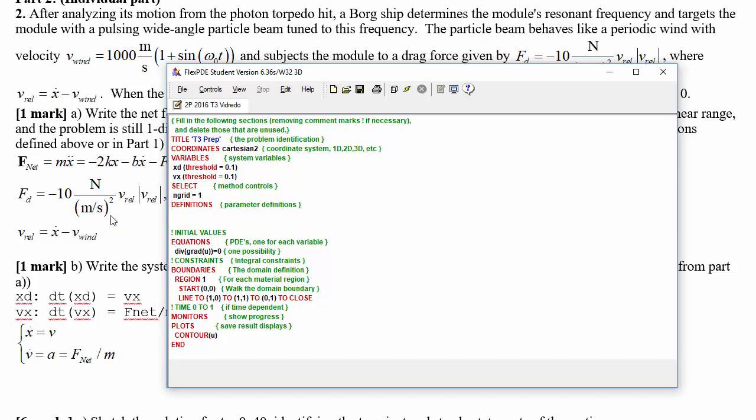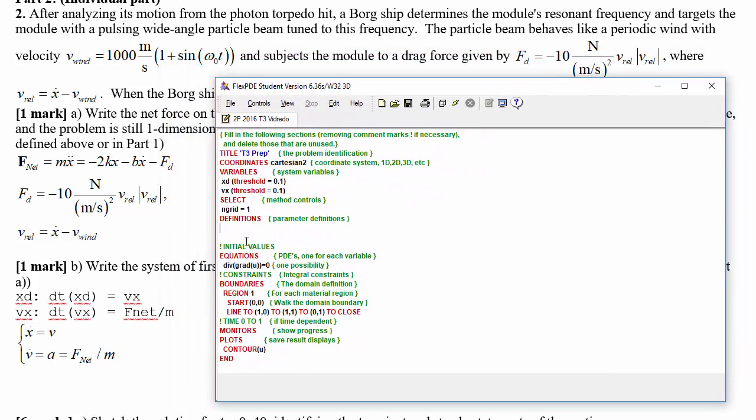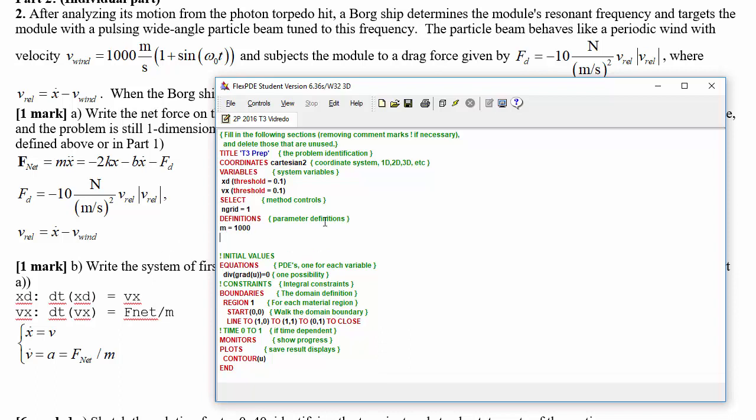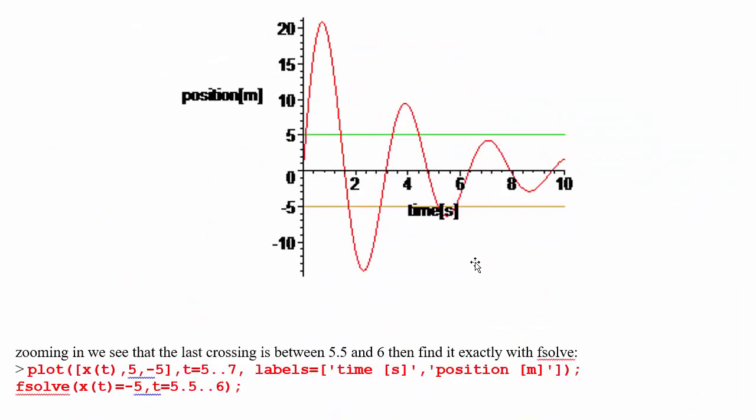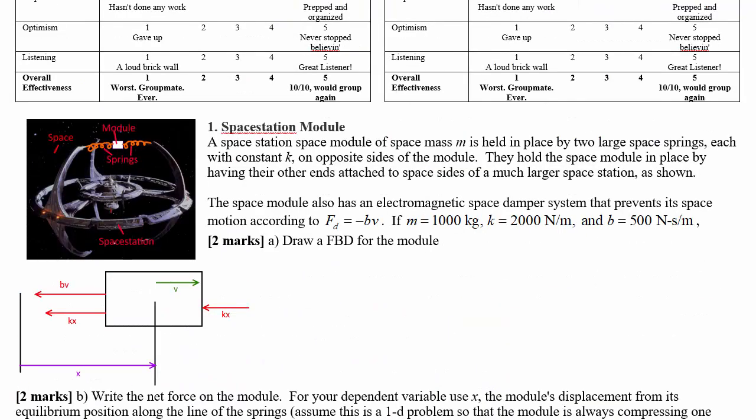Now first, a good idea is to solve the problem from part A to test that the code is working before we go and adjust it to do other things. So let's say M is 1,000, K is equal to 2,000, and what was B? B is equal to 500, I think. Let's jump up and check that.